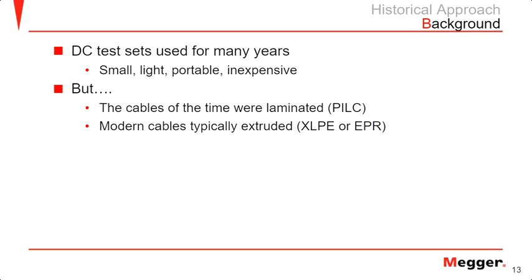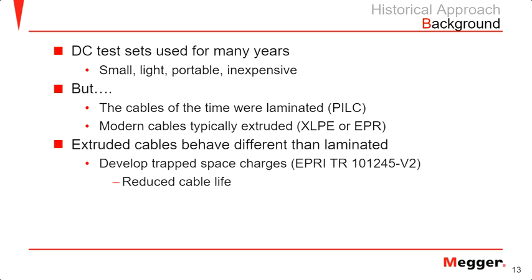Now, extruded cables behave differently than laminated because extruded cables can develop trapped space charges when you are injecting DC into them. Because DC doesn't have a frequency, so you're just injecting a single polarity into your cable system.